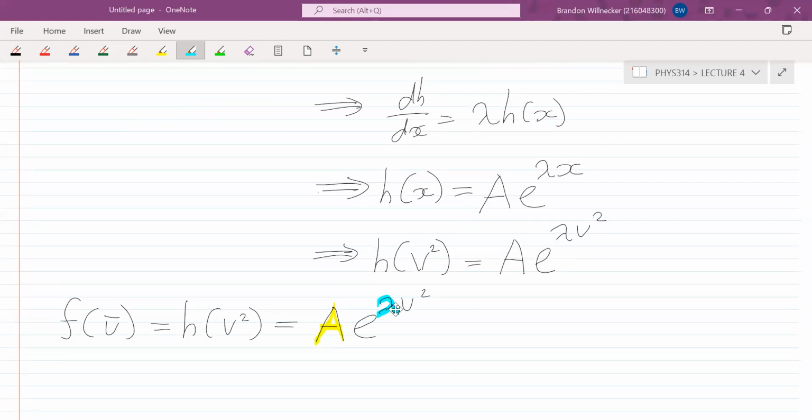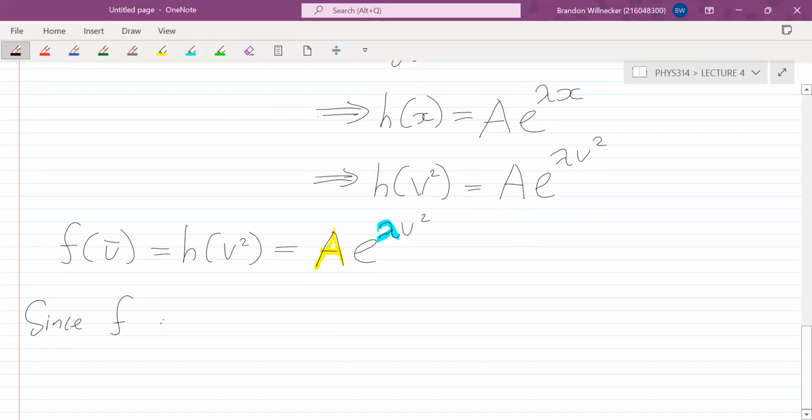However, we can figure out a little bit of information about this lambda, because we know that this has to be a probability distribution. Remember that that's what we were trying to work out, the probability distribution over the velocities.